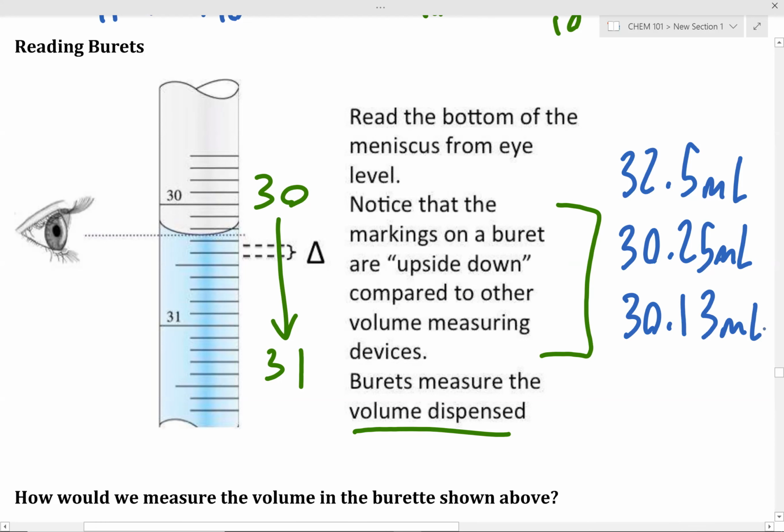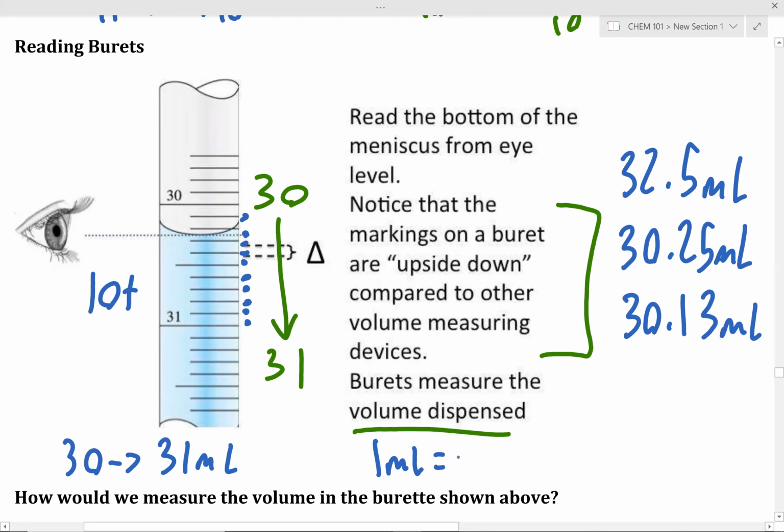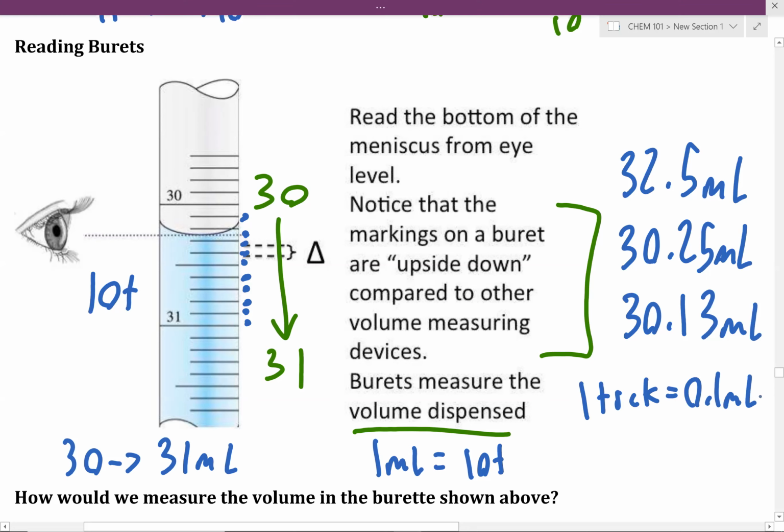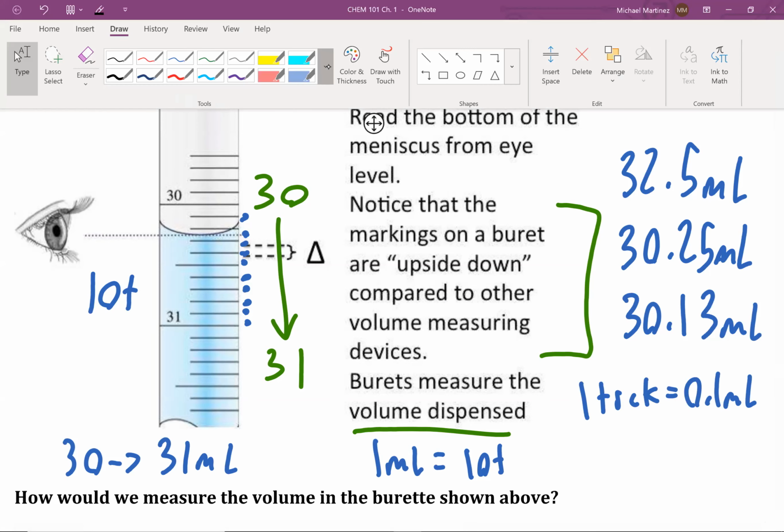So first and foremost, counting our ticks, 1, 2, 3, 4, 5, 6, 7, 8, 9, 10. So we have a total of 10 ticks from 30 to 31. So we went from 30 to 31 milliliters. What total volume? Yeah, we have 1 milliliter is equal to 10 ticks. So then we know 1 tick is equal to 0.1 milliliter. Now let's figure out our estimated digit.